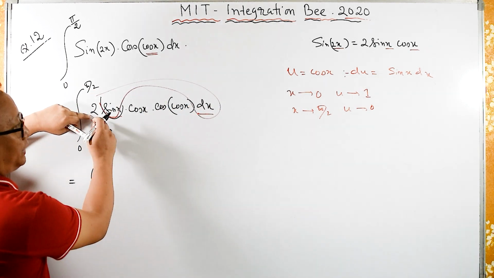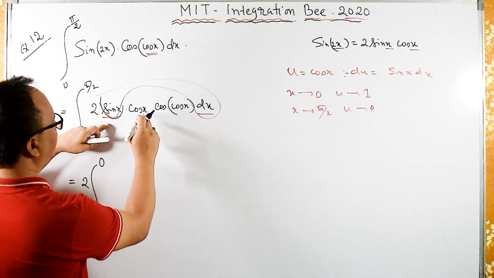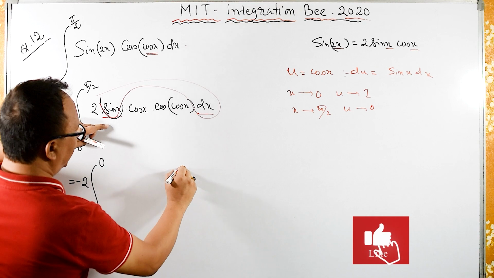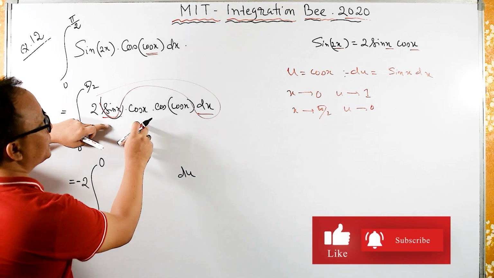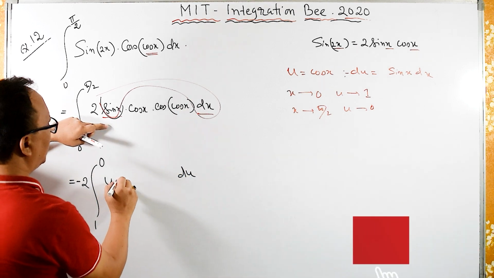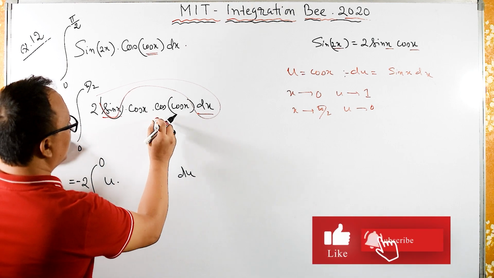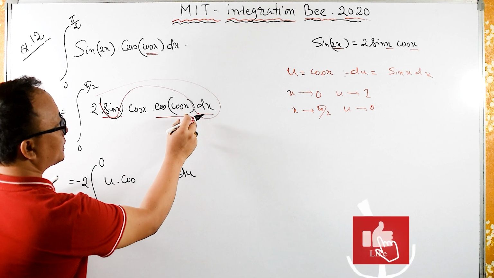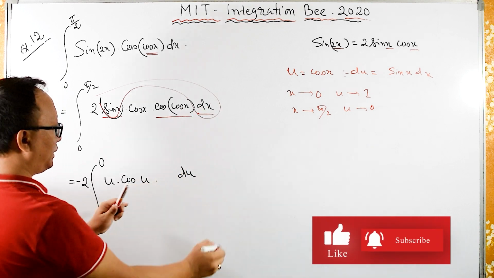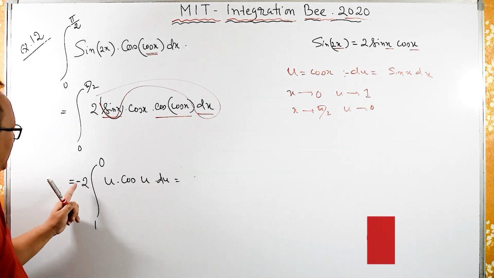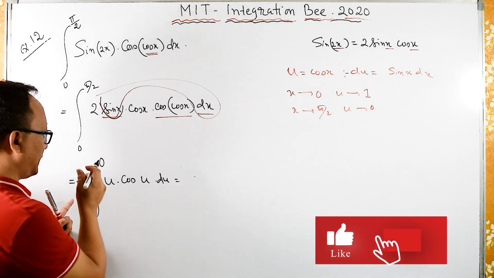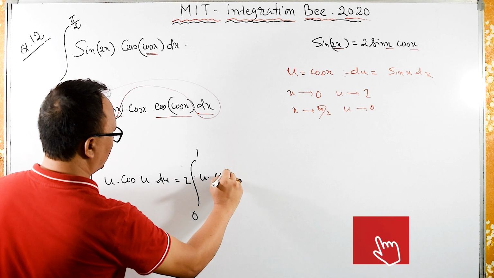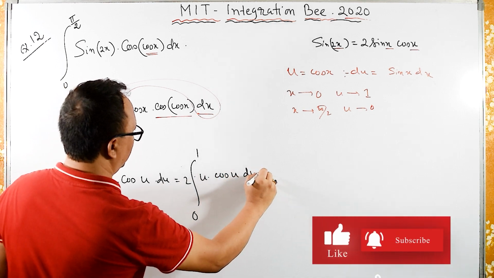And then I will send these two outside, and then sine of x into dx is minus du, and cos x is u, so we have u into cos of u du. Here this minus I will remove by interchanging the limits to 0 to 1, u into cos of u du.